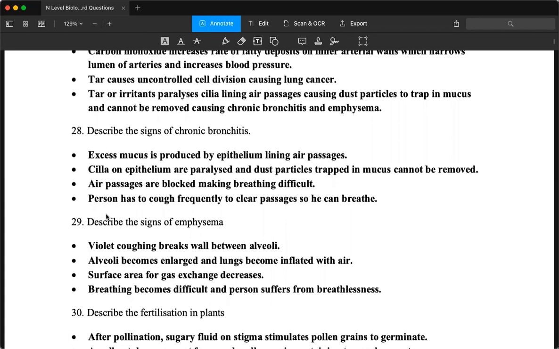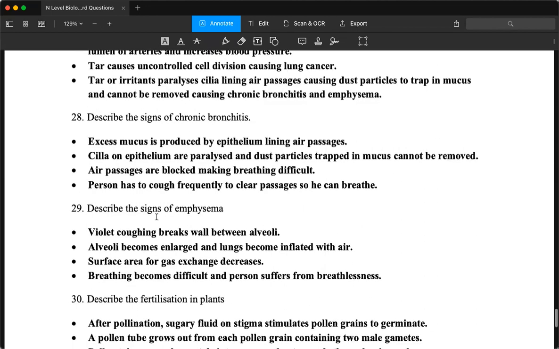As for emphysema, it's totally different. Emphysema may result from chronic bronchitis because if you need to cough frequently, the coughing will break the walls between alveoli. Chronic bronchitis affects the epithelium lining the air passage, but emphysema is related to the walls between the alveoli.